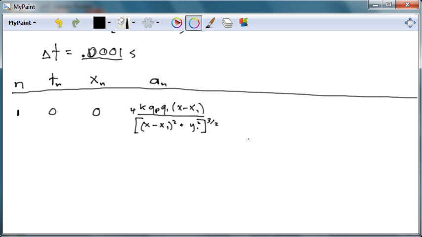I'll put this as x sub n. So this x sub 1 corresponds to the position of the particle. I guess at some point n is going to be equal to 1, but that x sub 1 is not the same as that.